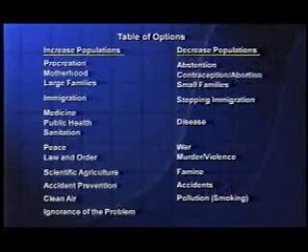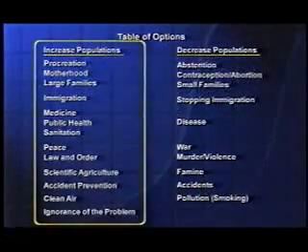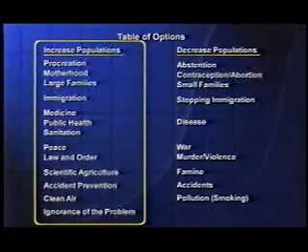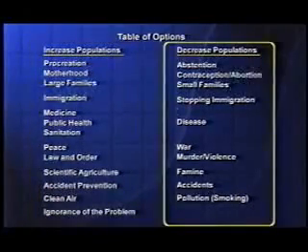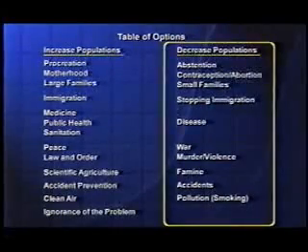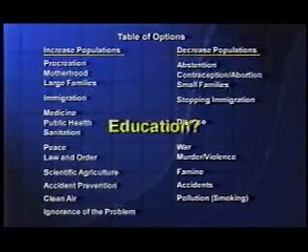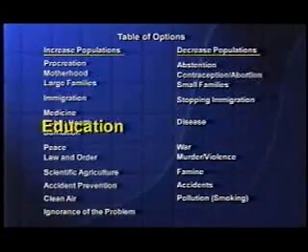Well, here we can see the human dilemma, because everything we regard as good makes the population problem worse. Everything we regard as bad helps solve the problem. Now, there is a dilemma, if ever there was one. And the one remaining question is education. Does it go in the left-hand column or the right-hand column? Well, I'd have to say thus far it's been firmly in the left-hand column.